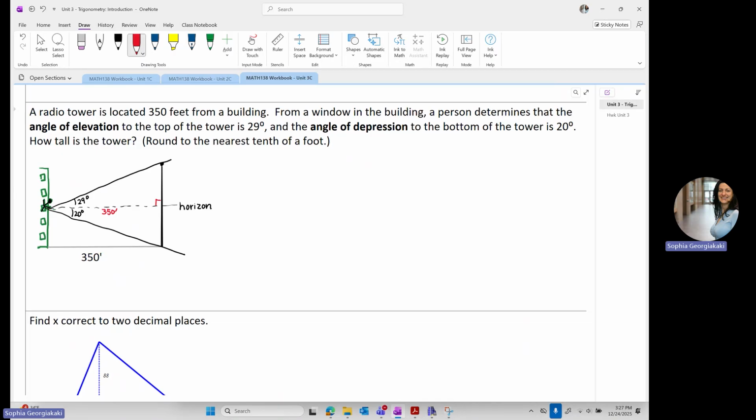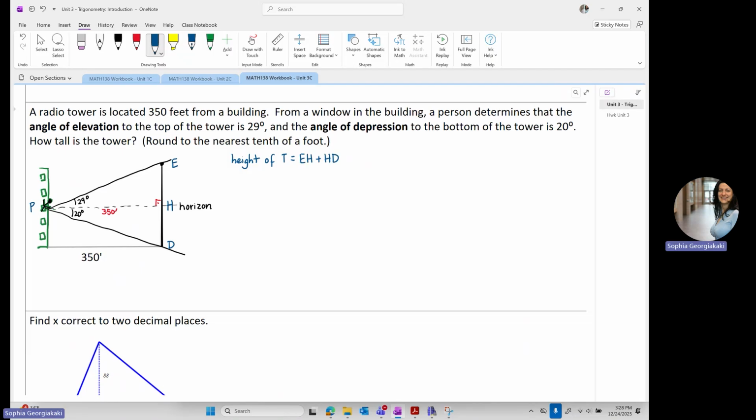Therefore, the angle between the horizon and the tower will be 90 degrees, in which case we now have two right triangles. We have the right triangle person to horizon and elevation, let's say, right triangle PHE, and then person to the horizon and the depression, PHD, that goes downwards. And the height of the tower will equal EH plus HD.